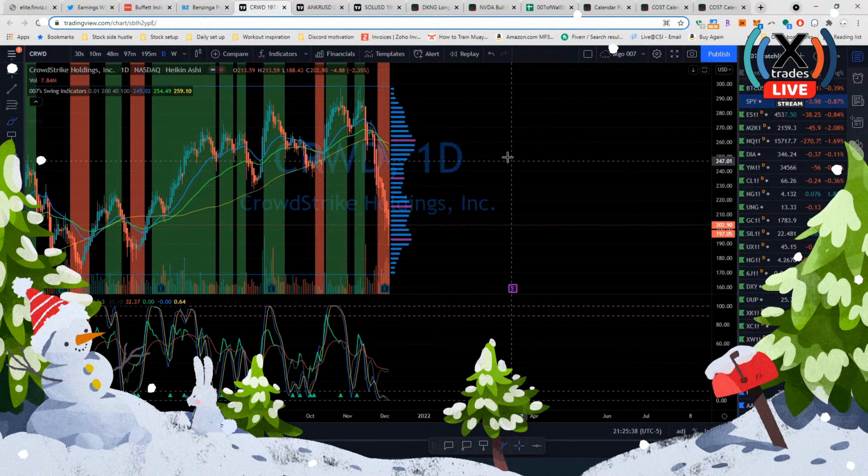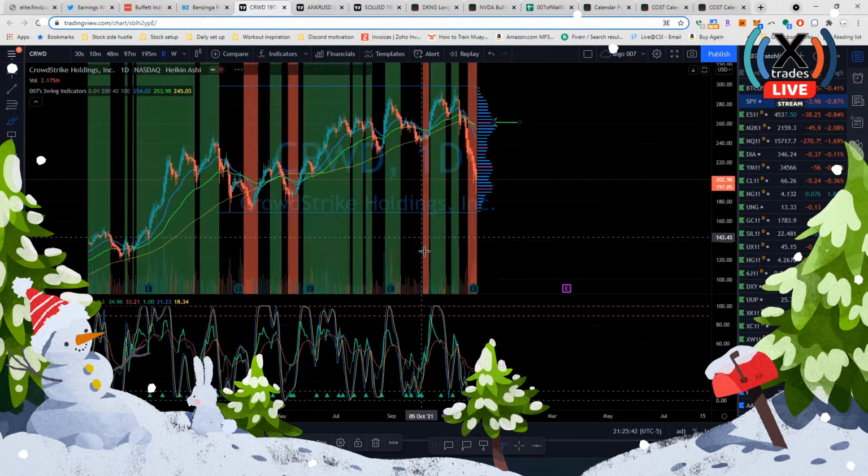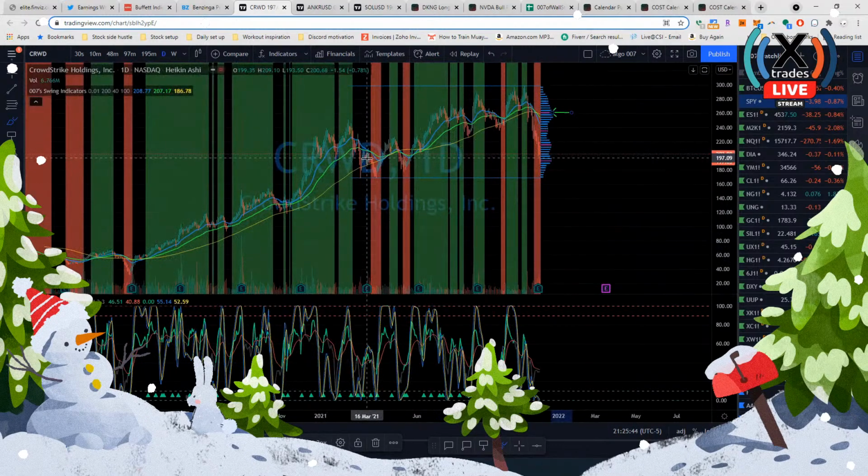Look at these other times where they drop, it's just red, and then bam, slingshot right back. And this is within that two week time frame too, right here. It slingshot to 170, and then came back to like 217. That's a $47 move.